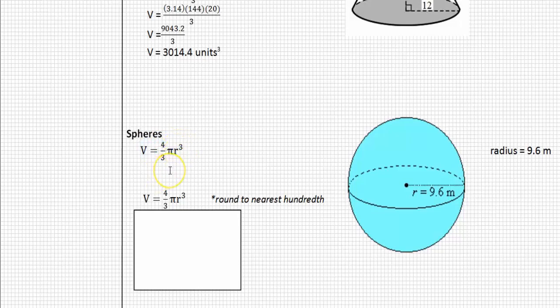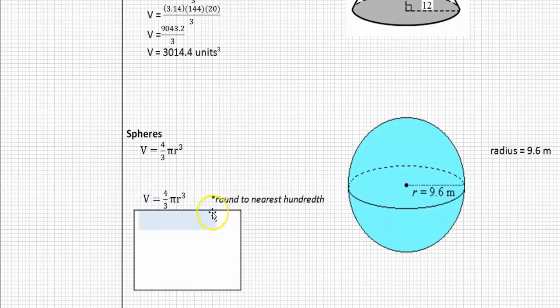So that is one where people oftentimes make the mistake in remembering the formula. And we're taking a look here. The only measurement we need in order to do this calculation is the radius, which is 9.6 meters. For this one, I'm going to round every part to the nearest hundredth, as that's really as far as we need to go for our purposes.